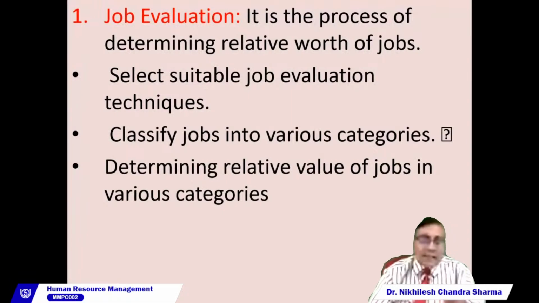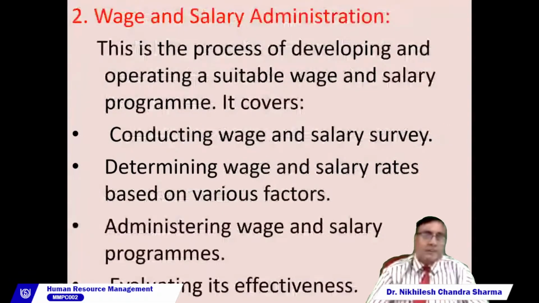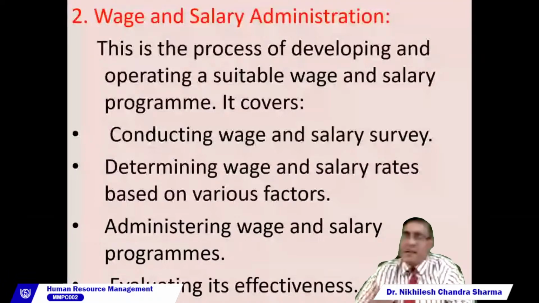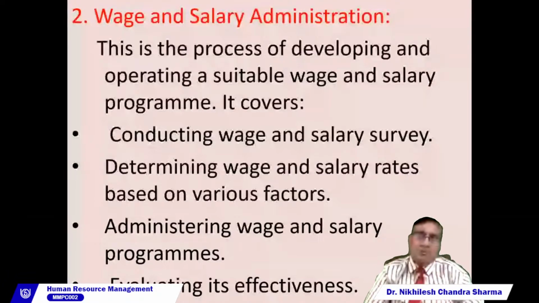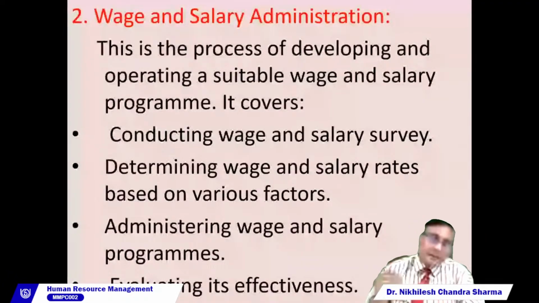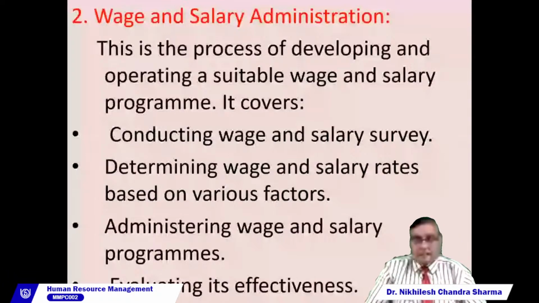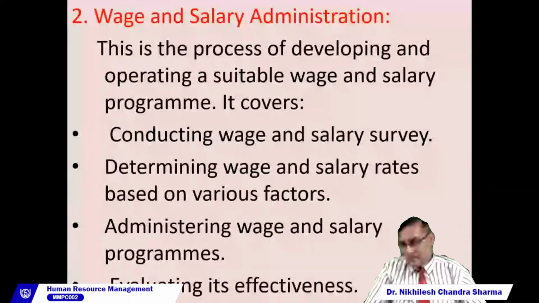Wages and salary administration is the process of developing and operating a suitable wage and salary program. It includes conducting wage and salary surveys, determining the wage and salary rates based on various factors. Factors may change from time to time.